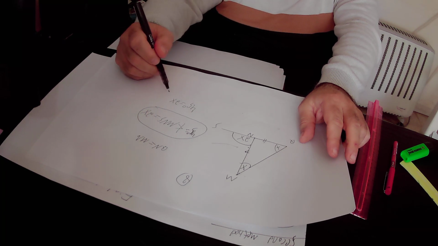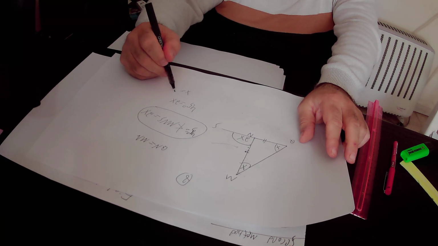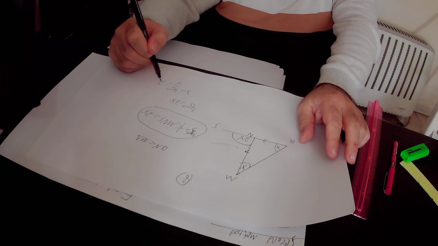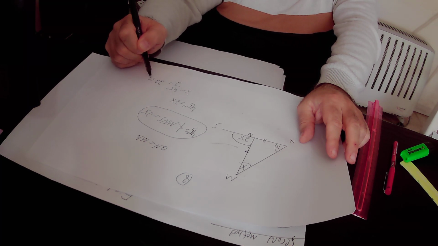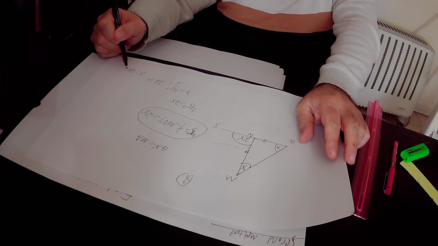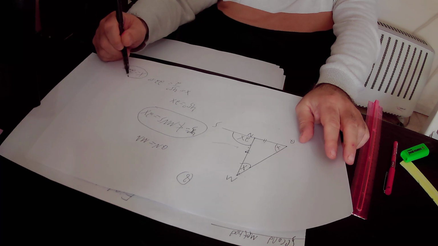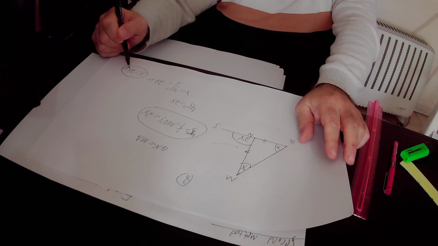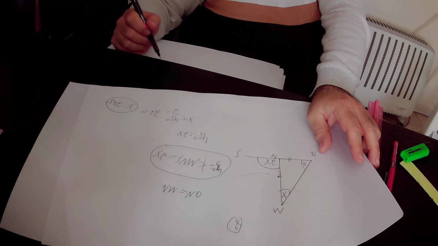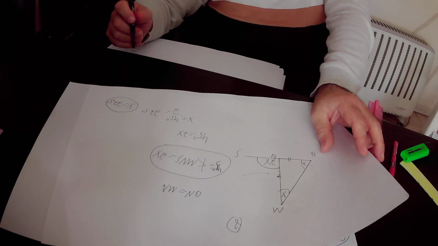We will divide this equation by 2 and we will get that x equals 45 degrees over 2, that is to say it equals 22.5 degrees. So the value of angle x, according to the second method, is 22.5 degrees. And that is the answer to the question.